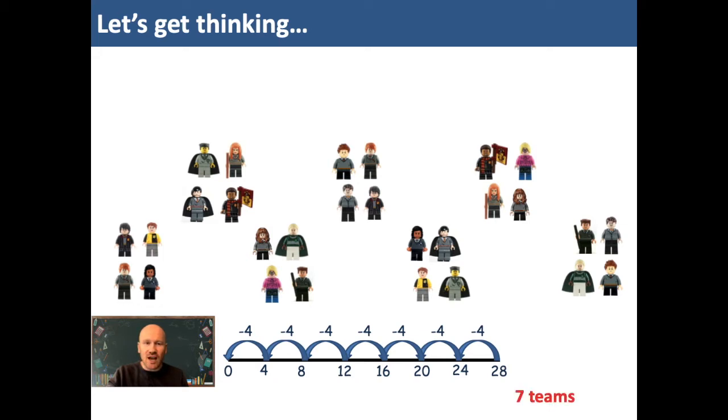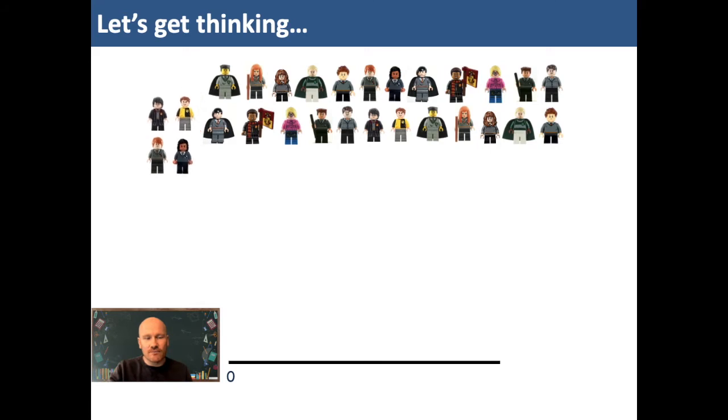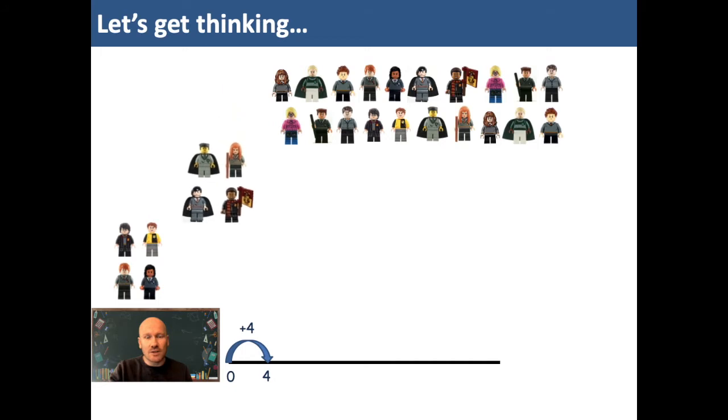Now we solved that by counting back in groups of 4. Let's have a look at another way we could have solved that. We're going to start with our 28 players again, only this time we're going to look at it in a slightly different way. To begin with, we have got no players in a team. So let's take those first 4 players, and now there are 4 players in a team. The next 4 players, we've now got 8 players in 2 teams.